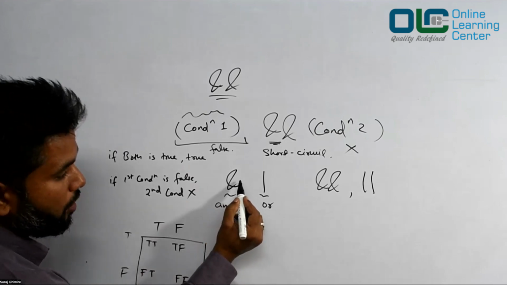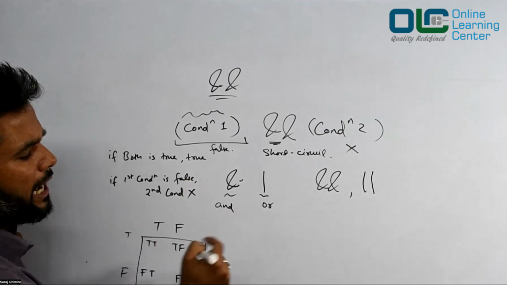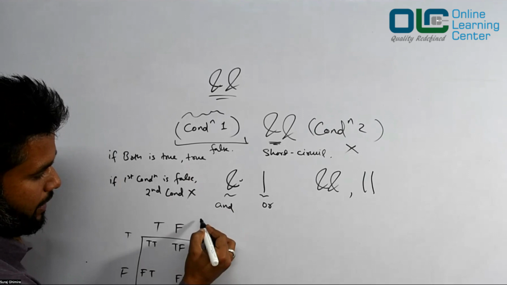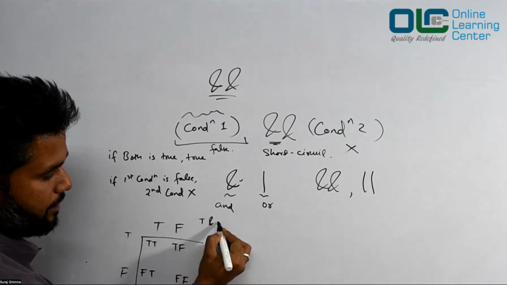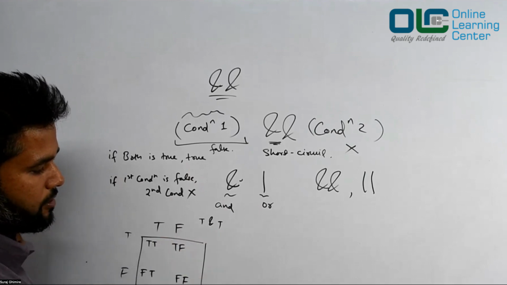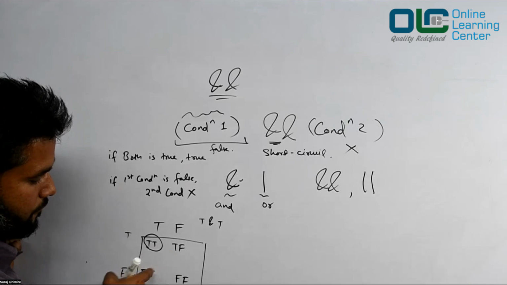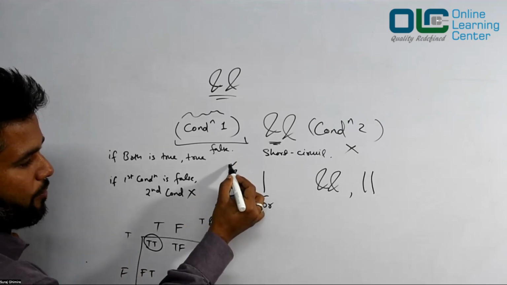Now, if you talk about this AND operator, AND says if both are true, I'll be true. If I get one condition true and another condition true, then I'm true. If I get false anywhere, then I'll be false. True, true: in this case, it will be true. False, false: false, if you're using this AND operator.